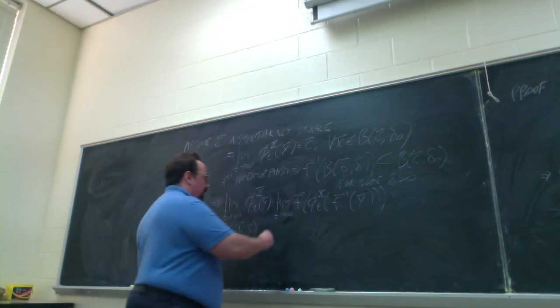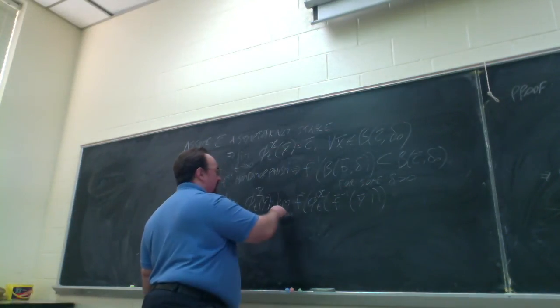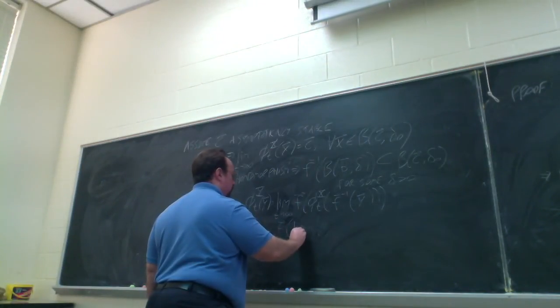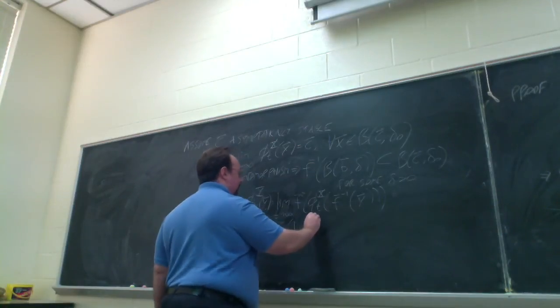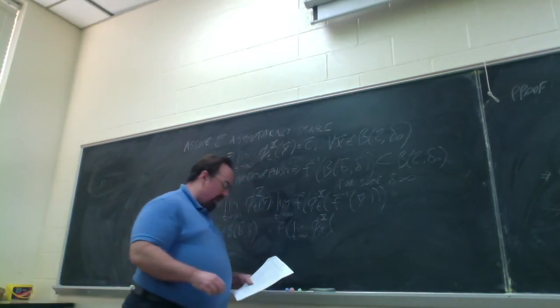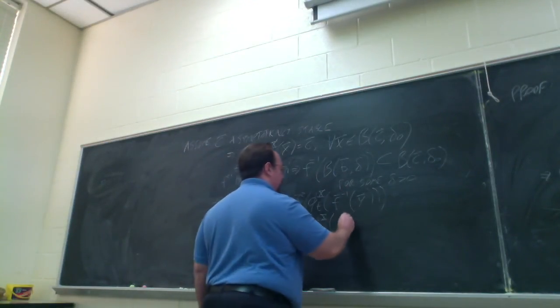So what that means is I can move this limit inside the f. So that'd be the limit of the flow of x. Now f inverse of y is just x.